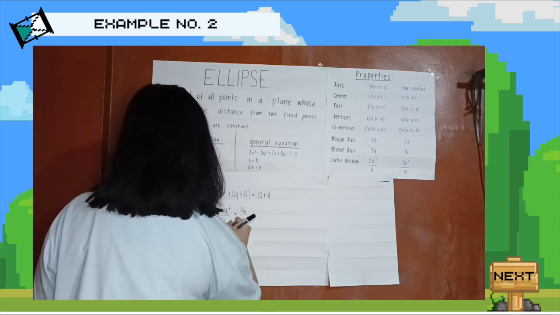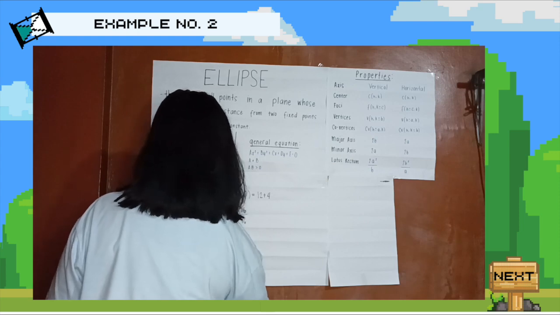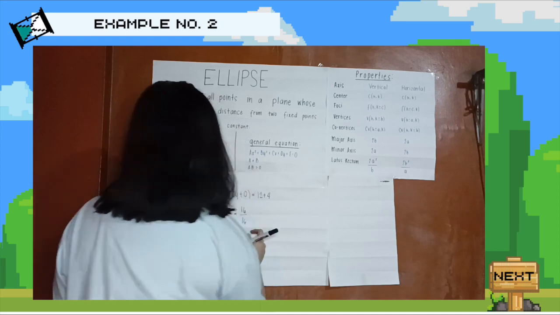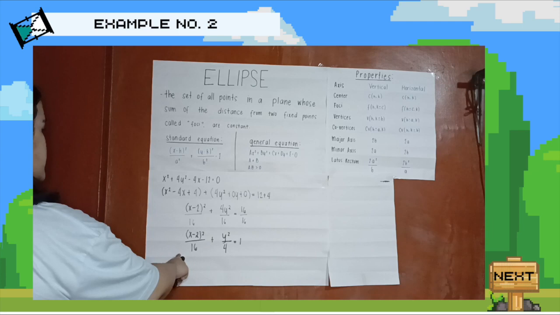Plus, 16 divided by 16 is 1. So this is the standard form.